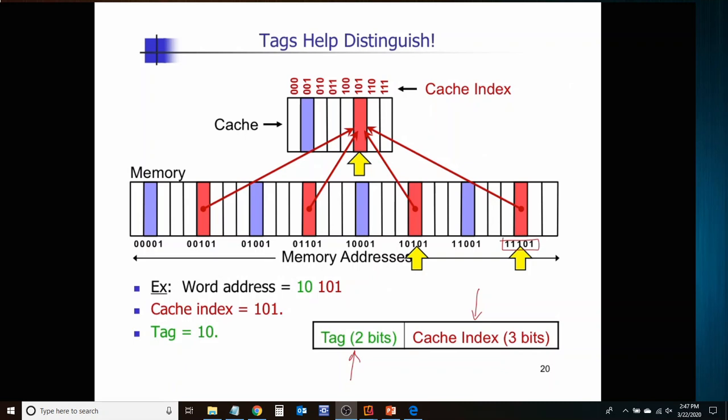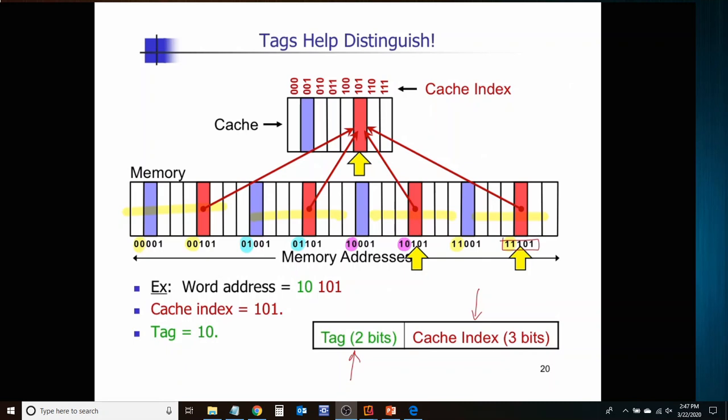So those can be highlighted as 0, 0, or 1, or 2, or 3. So those 4 are going to identify which particular block is right now being mapped in the cache.